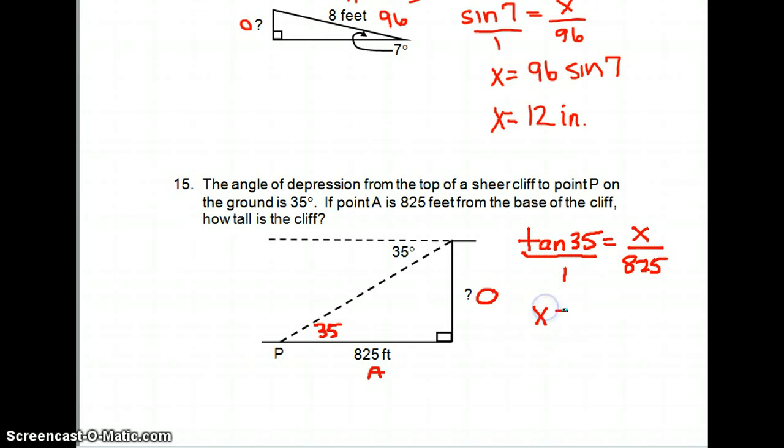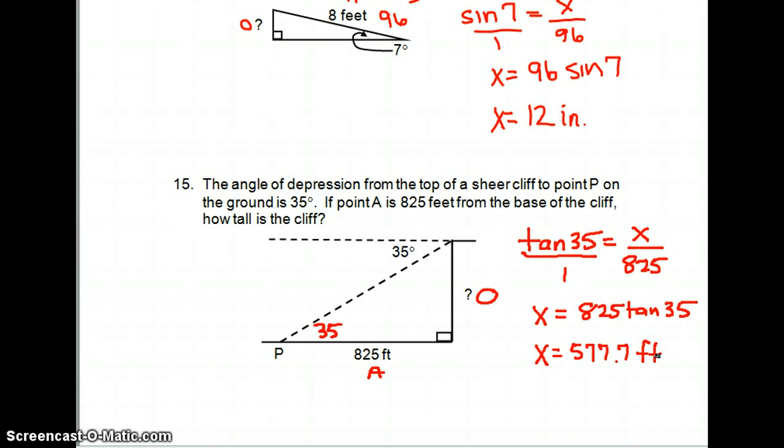So x equals 825 tan 35. 825 tan 35 is 577.7. So x equals 577.7 feet.